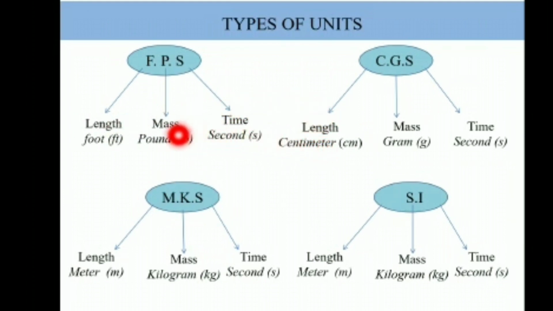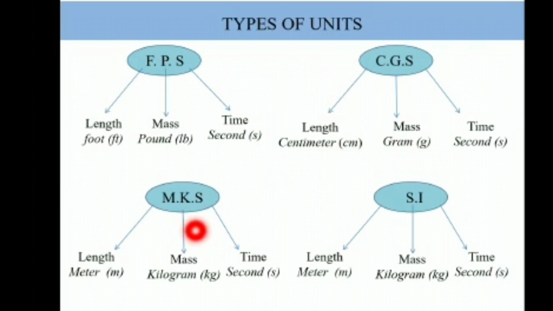For example, in FPS system, length is measured in foot, in CGS system in centimeter, and in MKS or SI system, length is measured in meter. Similarly, mass is measured in pound in FPS system, in grams in CGS system, and in kilogram in MKS or SI system.